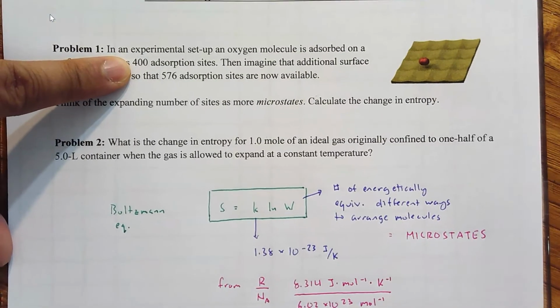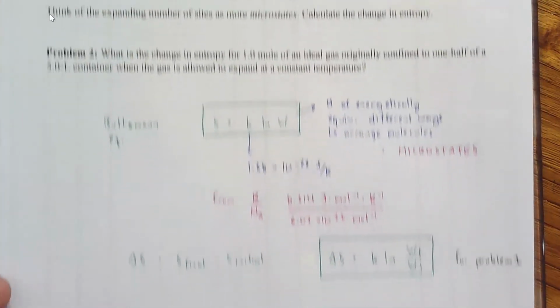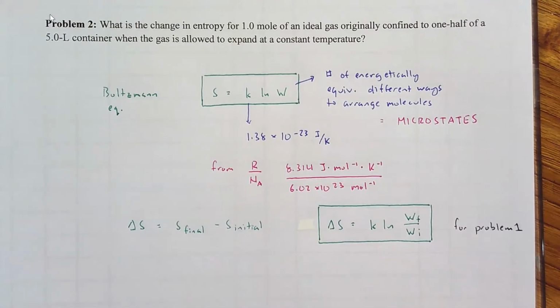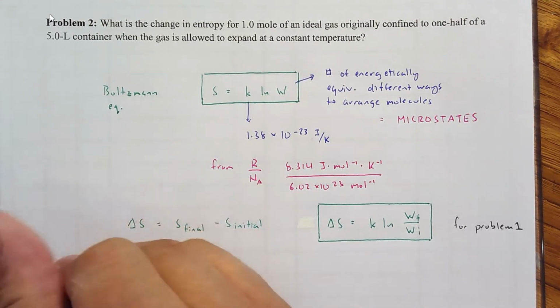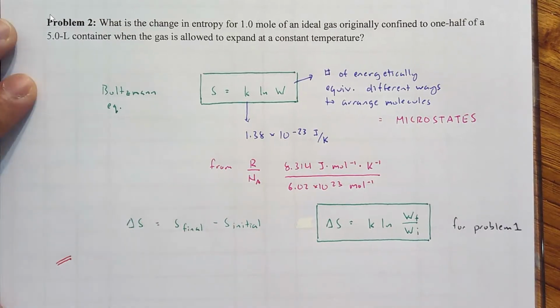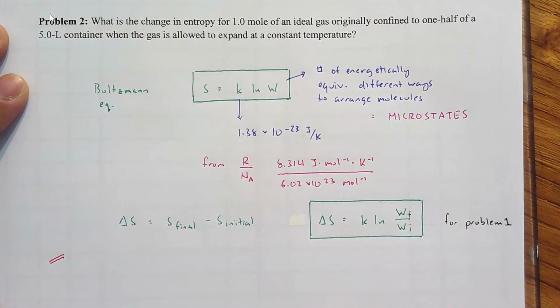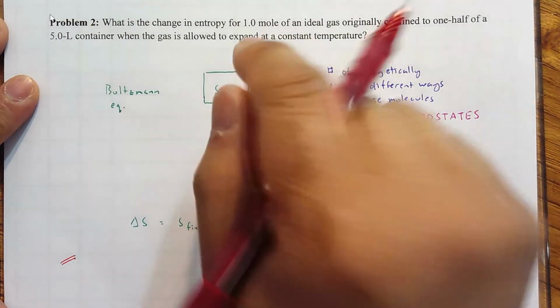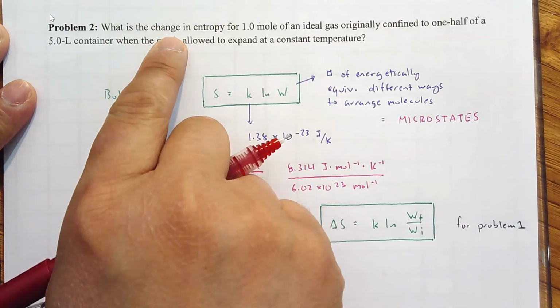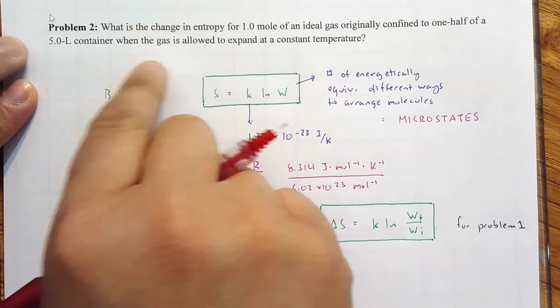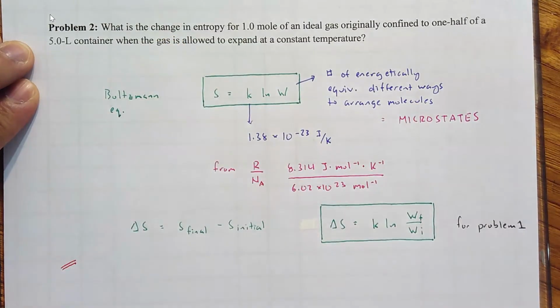Those are your differences in microstates. Very simple, plug and play at this point. What about problem 2? Problem 2 gives us information about the volume. And you can tell that the change in entropy will be positive because, wait, would it be positive?